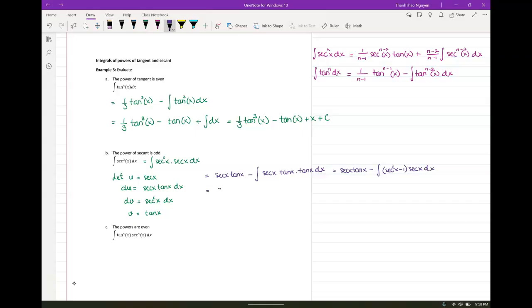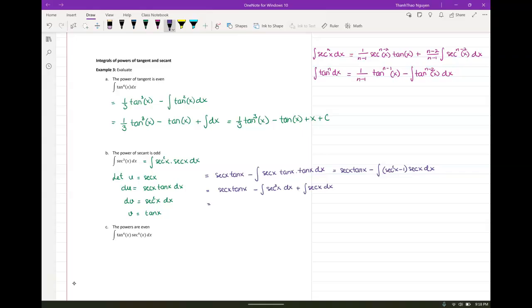So this is secant of x tangent of x minus the integral of secant to the third of x dx plus the integral of secant of x dx.